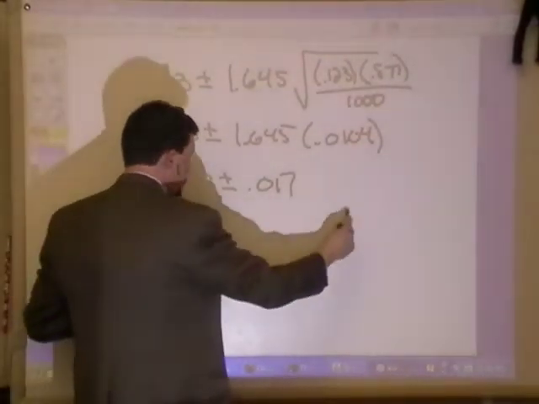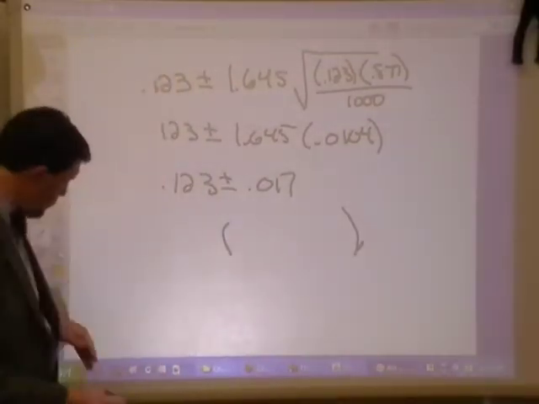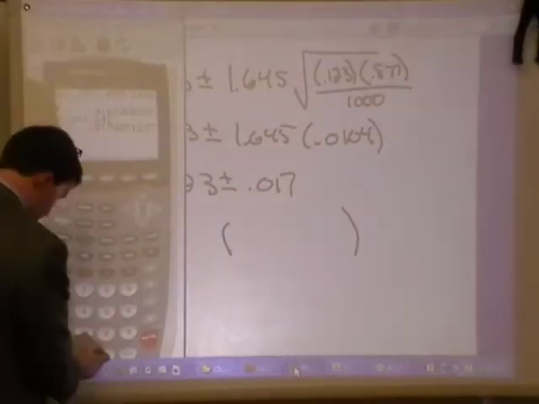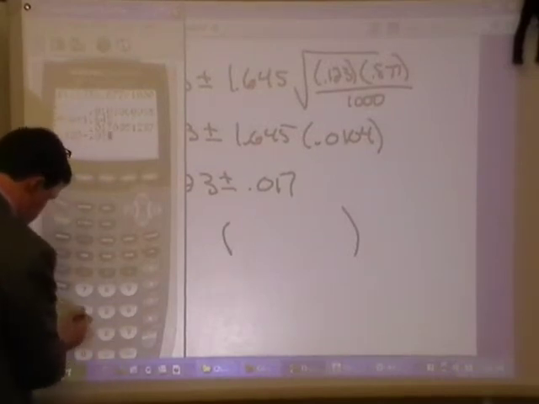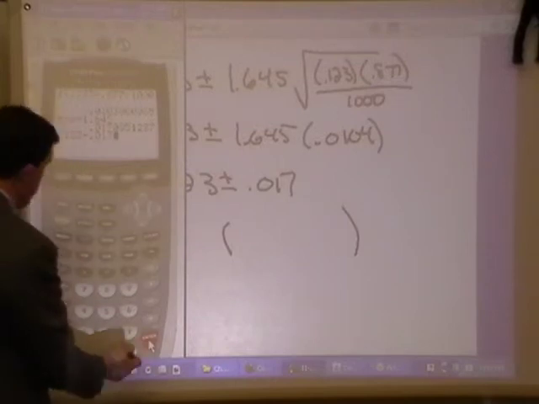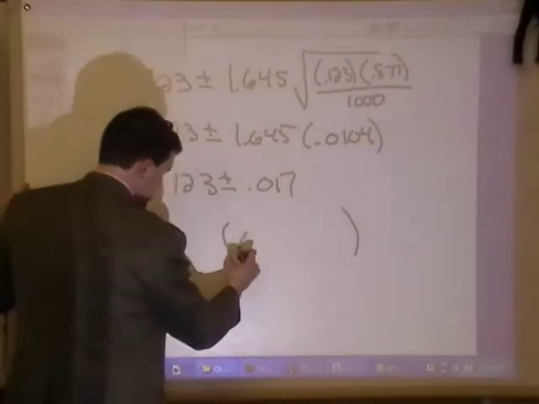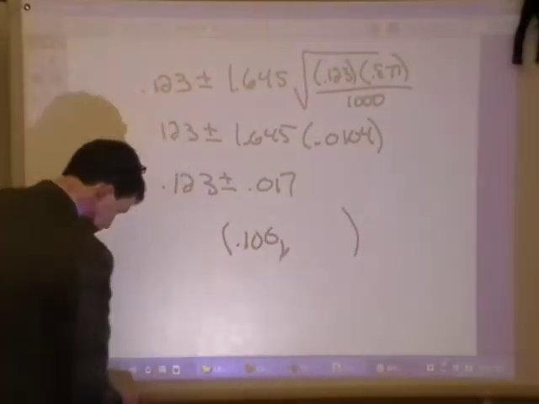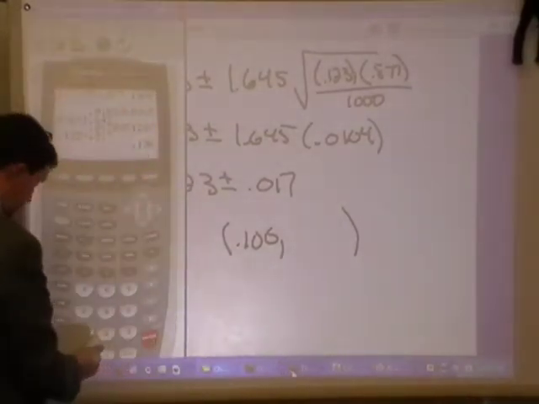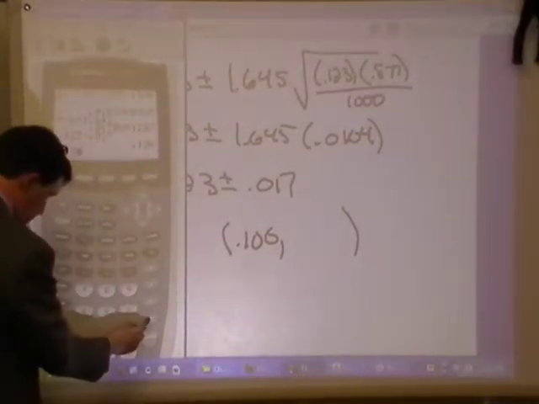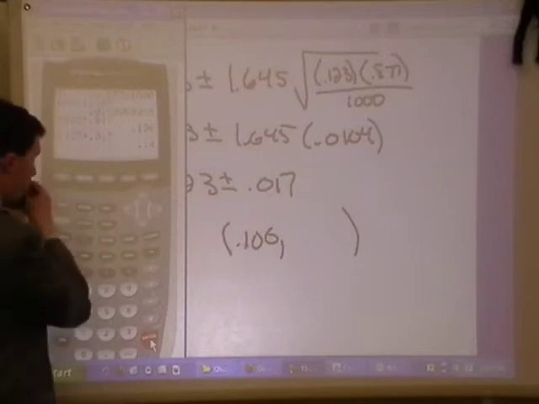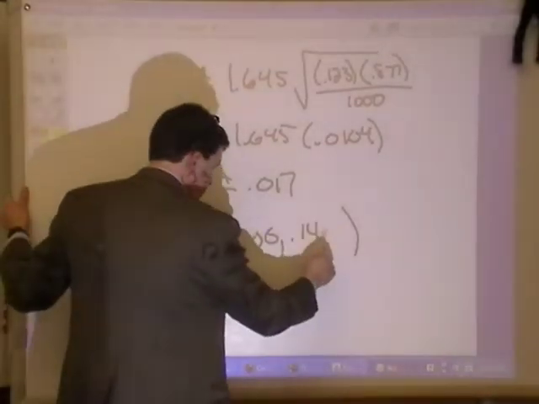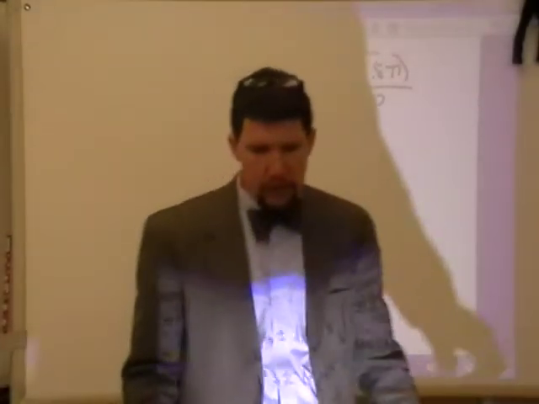Well, my confidence interval is going to go from 0.123 minus 0.017, which is 0.106, up to 0.123 plus 0.017, which is 0.14. There's my confidence interval.